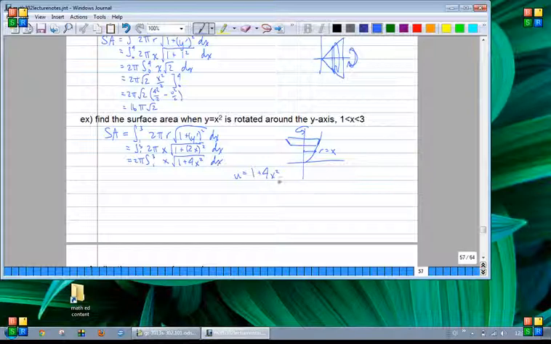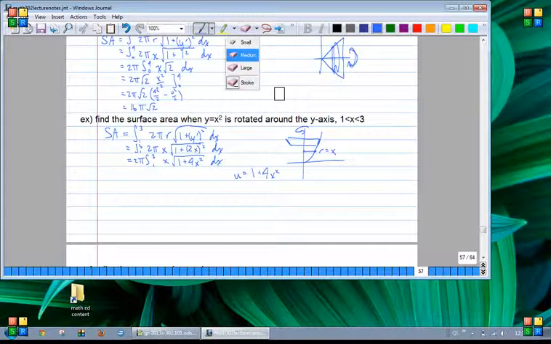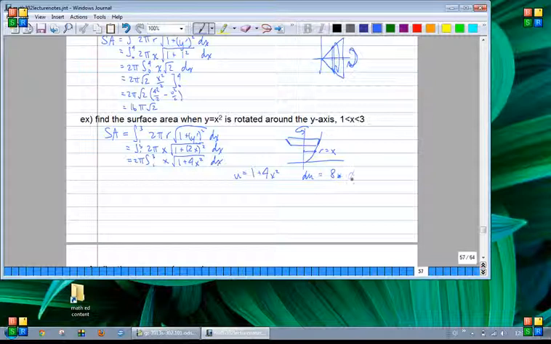U equals 1 plus 4x squared. Du equals 8x dx. So is that close? Well, what do we want to replace? We actually want to replace x dx. So we're almost there. We just want 1/8 du equals x dx, and we're on our way.